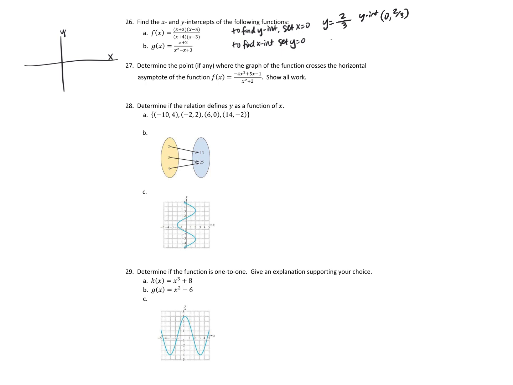To find the x-intercept, I want to set y equal to 0. So if I say 0 equals x plus 2 over x squared minus x plus 3. And so I am going to factor the bottom there just to make sure.